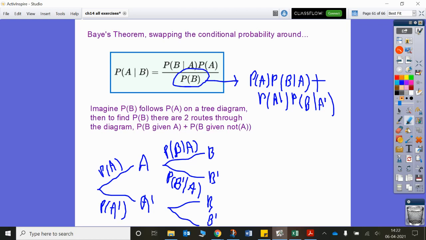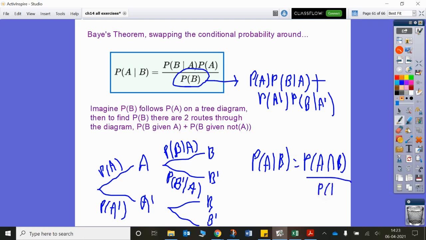So remember that you can change the probability of A given B using the other version for conditional probability, and then your probability of B comes from several routes through your tree diagram.